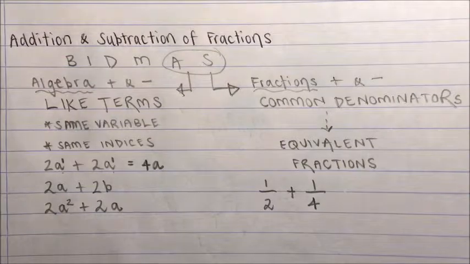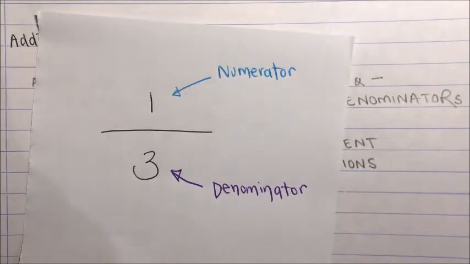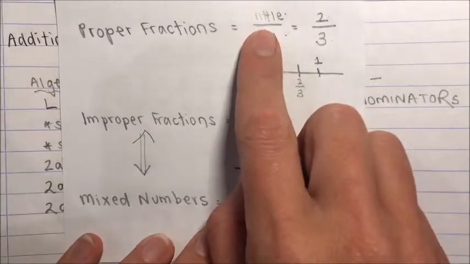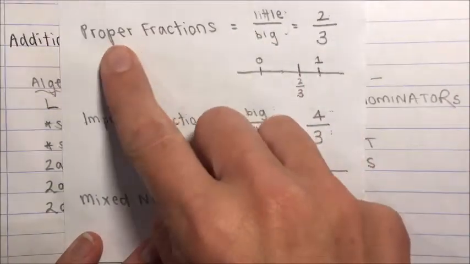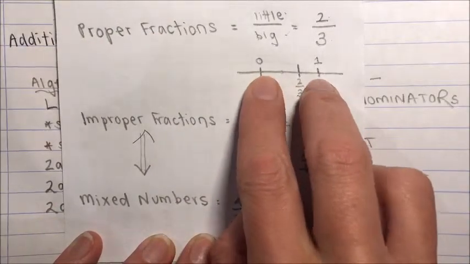So before we move on, let's just have a little reminder. Fraction, top number's the numerator, bottom number's the denominator. Cool. Another quick reminder, when we're talking fractions, where the numerator is smaller than the denominator, like 2 over 3, it's called a proper fraction. So it's going to be somewhere in between 0 and 1.